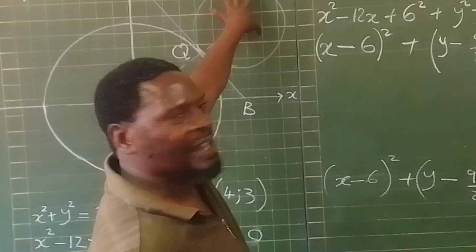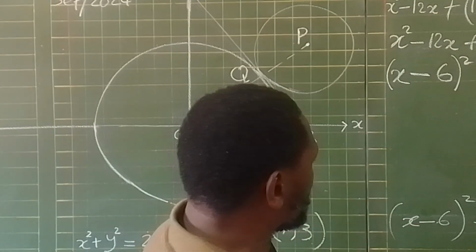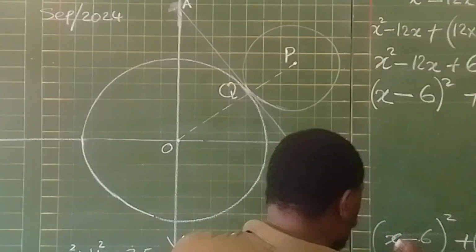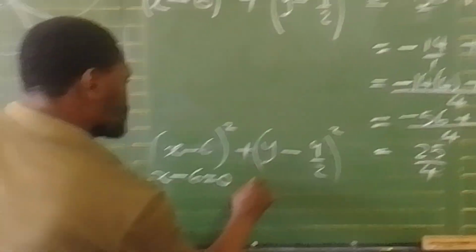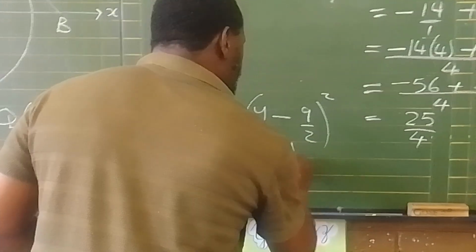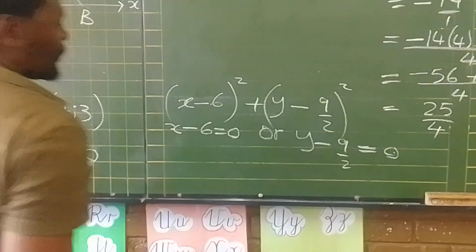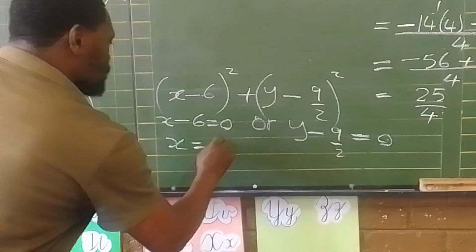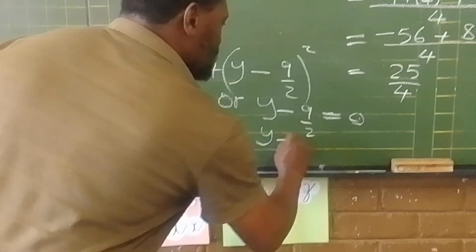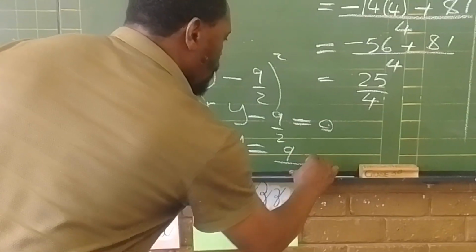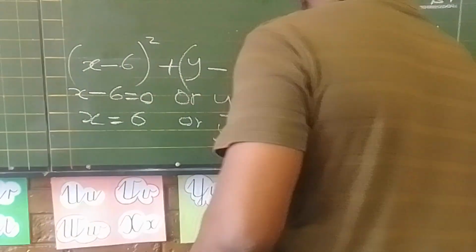But now let's find the coordinates of P. x minus 6 is equal to 0, or y minus 9 over 2 is equal to 0. Then x is equal to 6, or y is equal to 9 over 2.